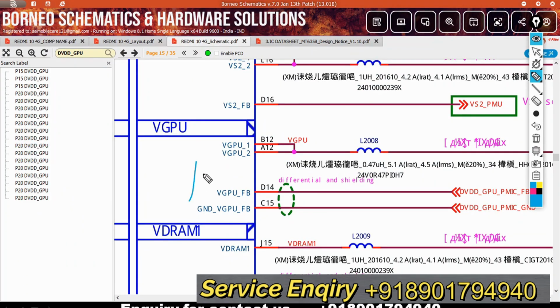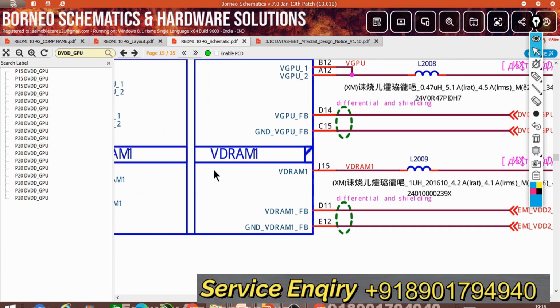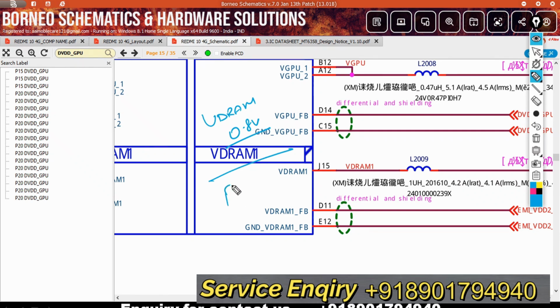Now, after that, this voltage is called VDRAM. In this line you will get a default voltage of 0.8 volt. If this line is damaged or open, your phone does not work. All these lines play an important role.